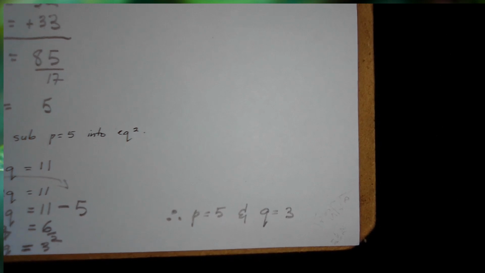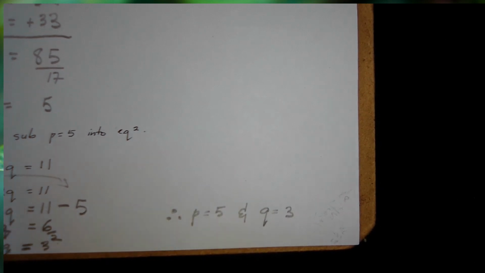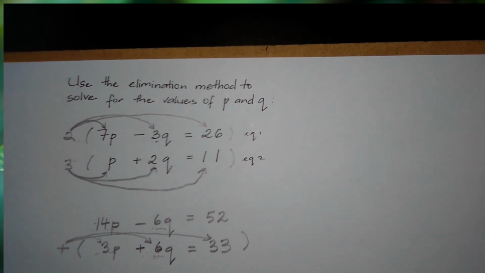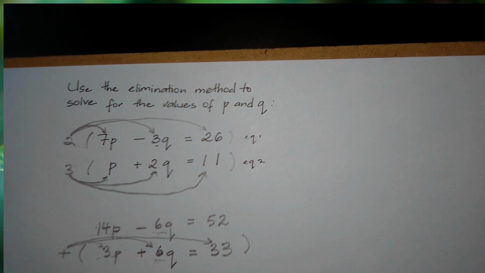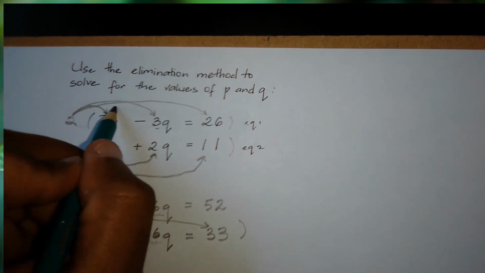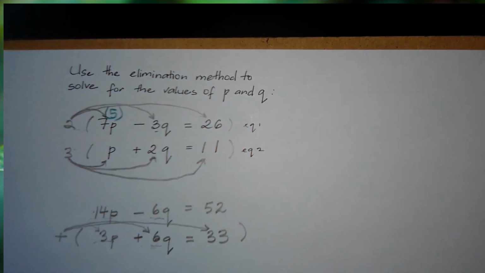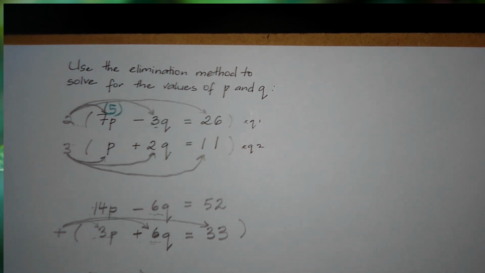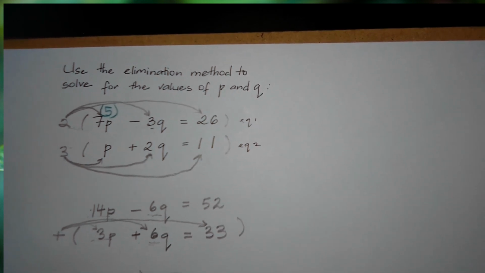And we are bright people, so I have to check to make sure I answered right. So we're going to come all the way back up here and substitute the values that we just got. We said P was 5, so I'm going to put 5 right here in brackets. And we had said that Q was 3.